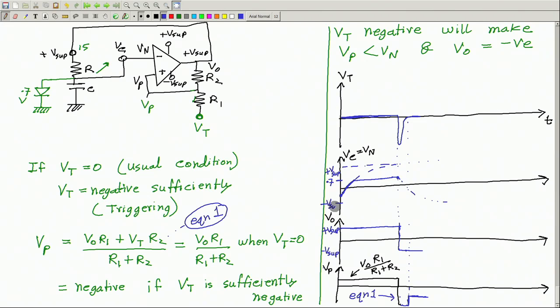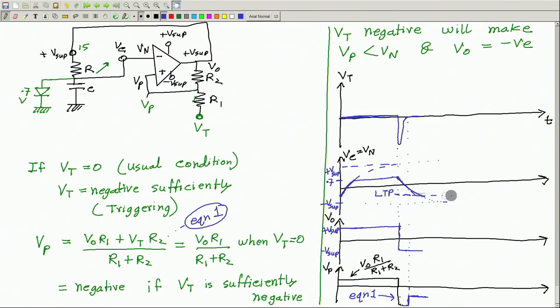It will try to come down to this value exponentially like this. But at some point it will reach the lower trigger point.